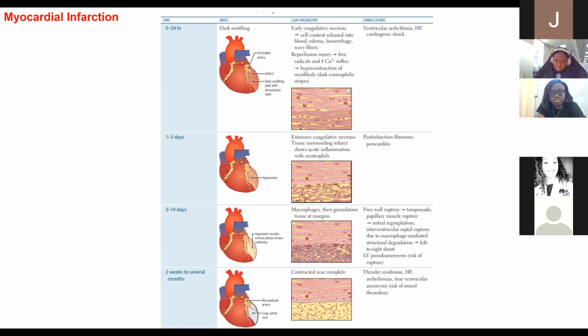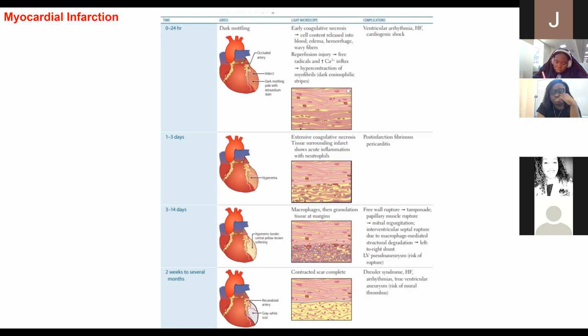That's probably not that important, but just letting you know, macroscopically, you won't really see anything until like 24 hours in. Microscopically though, remember, first 4 hours, wavy fibers. Everything after that until 24 hours, you have the early coagulative necrosis, neutrophils. Just think neutrophils. Unless they talk about reperfusion injury, then you want to think about the reactive oxygen species.